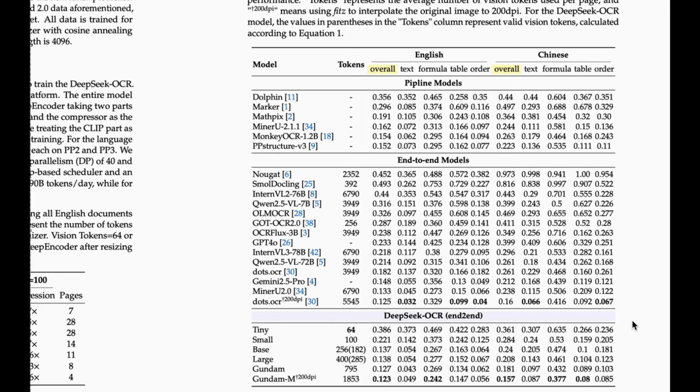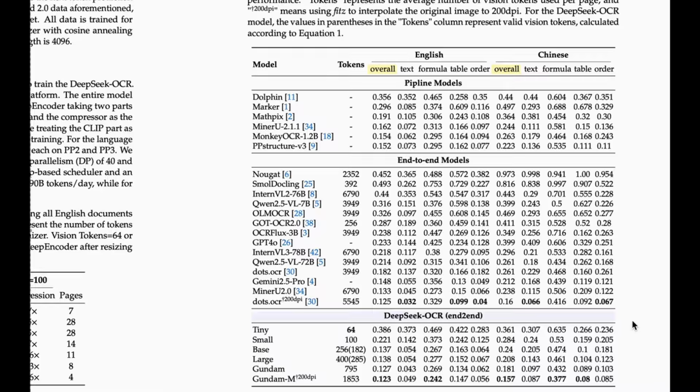And for practical OCR performances, you can look at the table 3, which is OmniDocBench. So they have performed, by taking some kind of text data, the similar test on DeepSeek OCR as well.